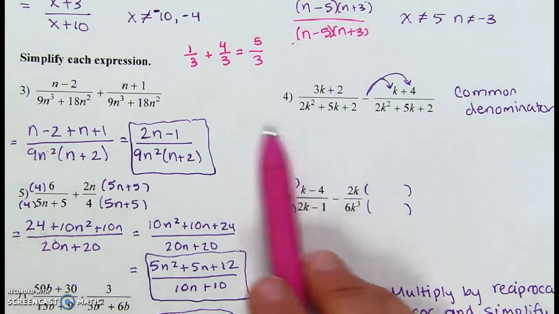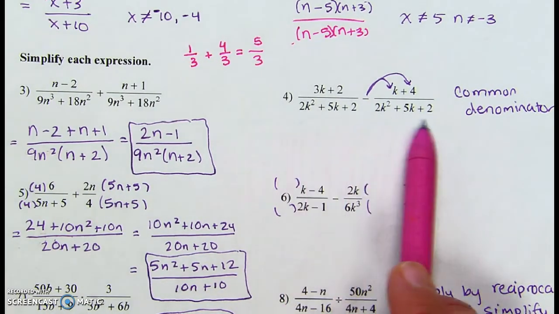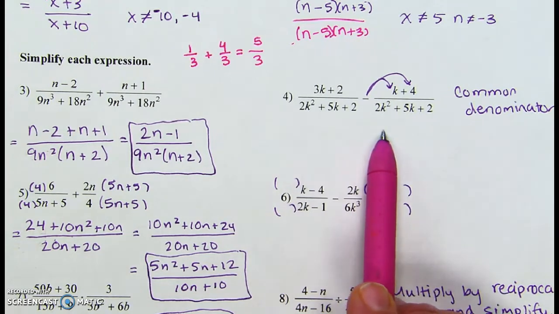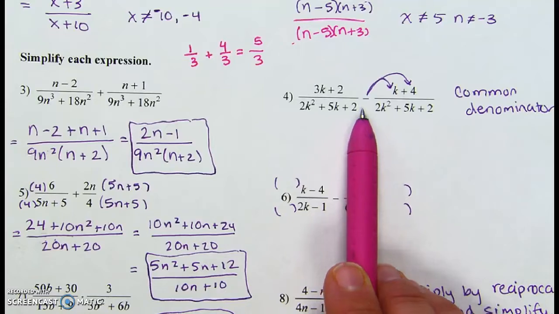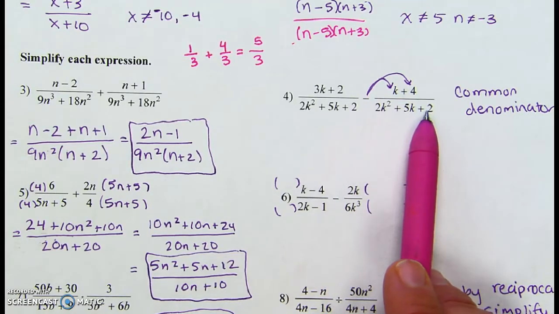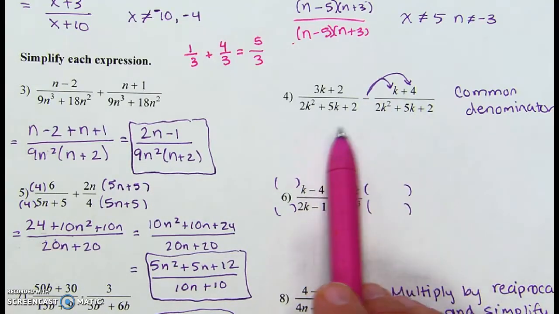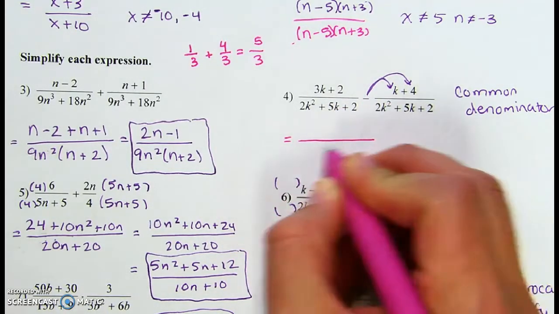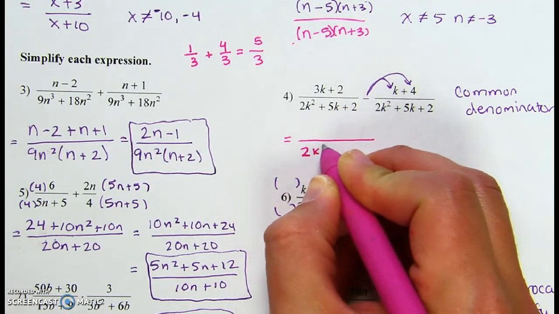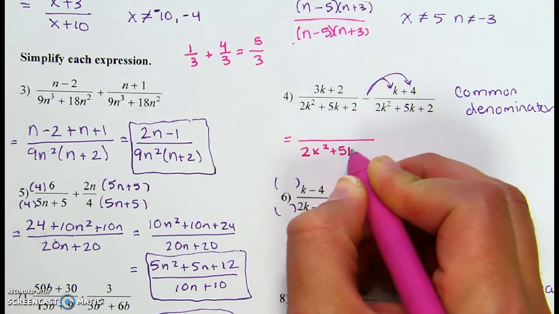We'll do number 4 together. Is there a common denominator? Yes. Is it addition or subtraction? Subtraction, so that's a big deal. You have to remember to distribute the minus sign. Since we have a common denominator, I only need one fraction for my next line of work.